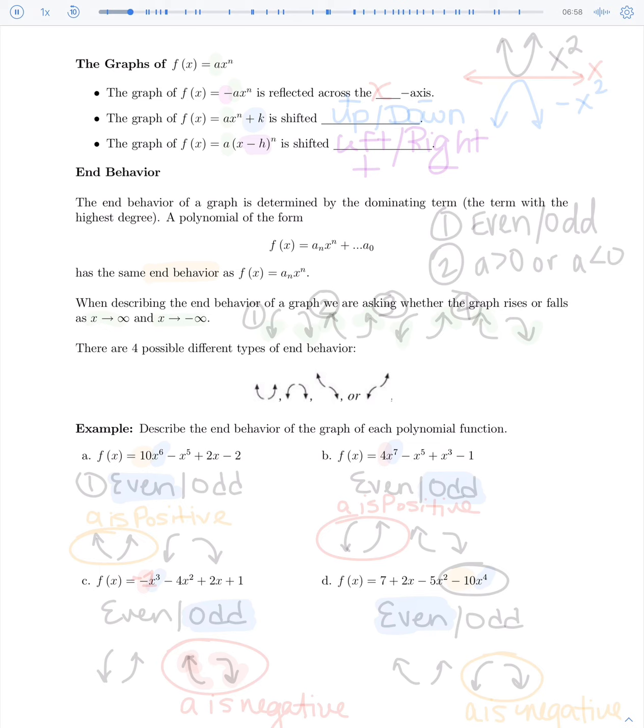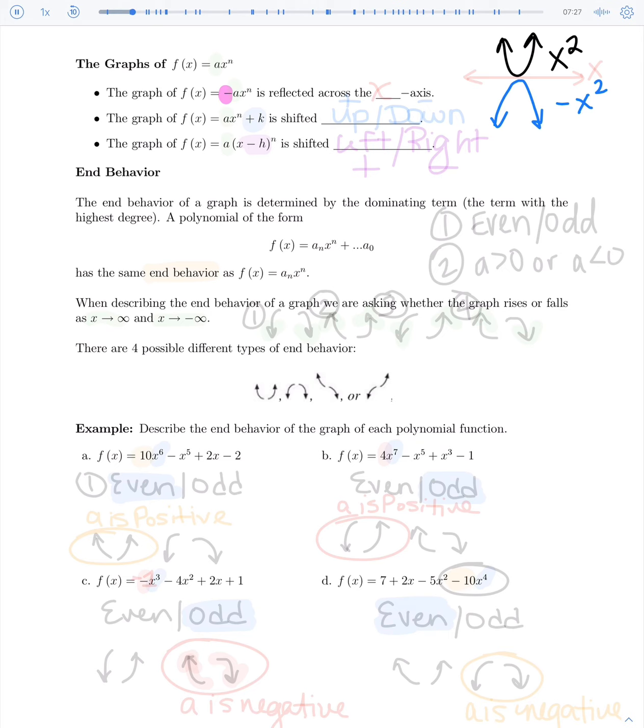Remember, if we put a negative out in front of a graph, we saw this when we did our parabolas. What did it do? It flipped our graph upside down. So if you flip a graph upside down, and just use our parabola as an example, we had our regular x squared that did this, and then if you looked at your x squared with a negative on the outside, it just flipped it upside down.